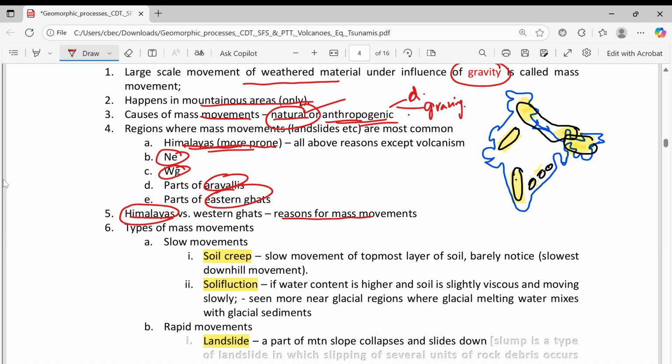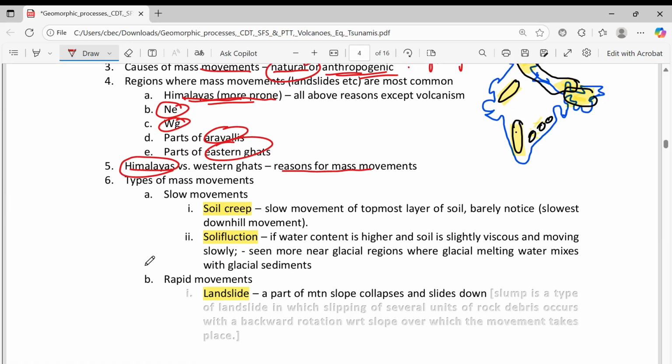I told you the Eurasian plate and Indian plate are coming towards each other and forming the Himalayas. So the Himalayas are tectonically built, and so there is mass movement. One more reason for mass movement is tectonic plate movement.